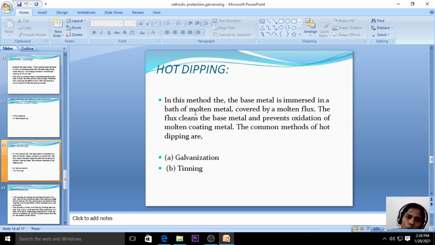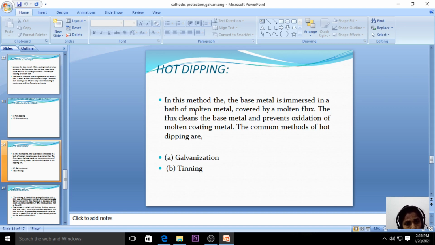That means the coating metal melts easily, whereas the base metal does not melt easily. So the coating metal has the low melting point and the base metal has the high melting point. High melting point metal is the base metal, low melting point metal is the coating metal.